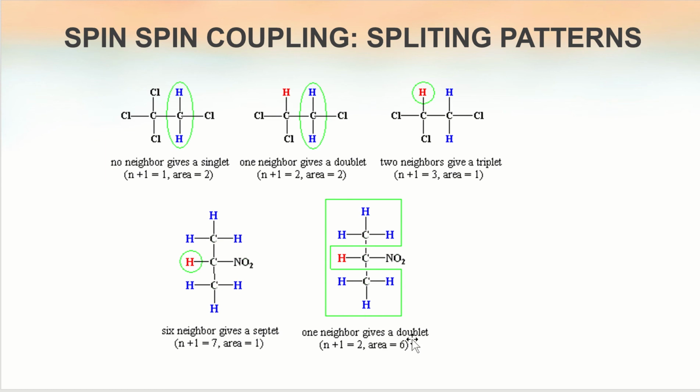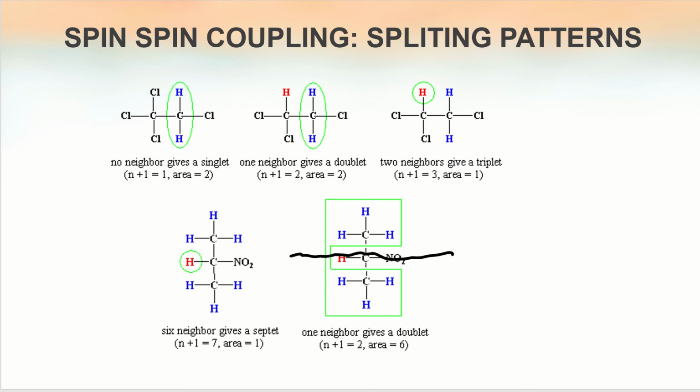The area under this doublet therefore would be 6, because it would be representative of 6 protons, because these 2 methyls, even though they are on the other side, are in the same electronic environment. If we draw an imaginary line, and we're going to look at this later on, we see that we have a line of symmetry.